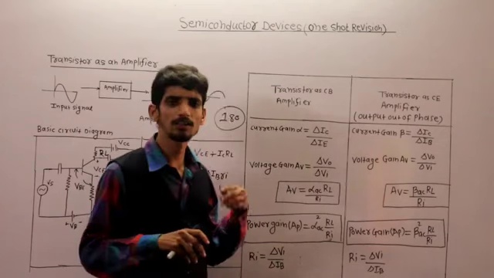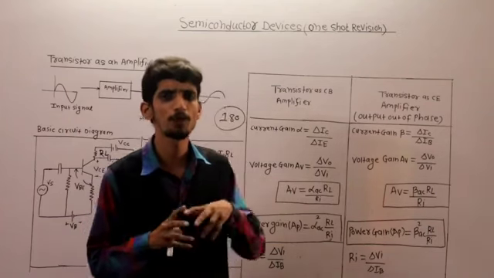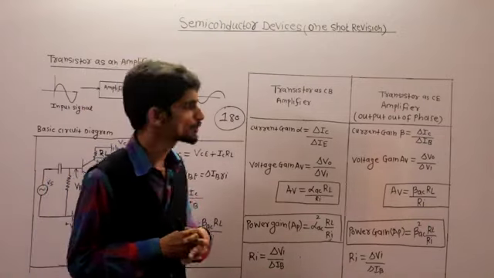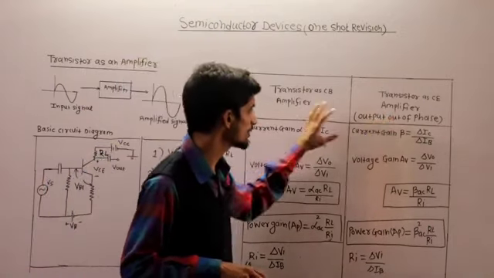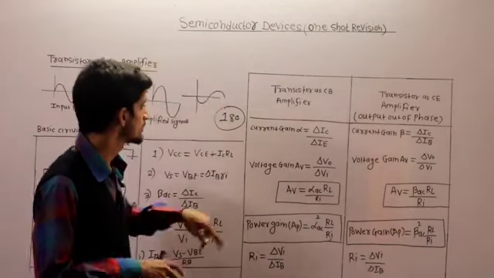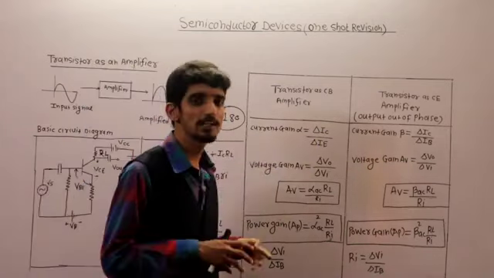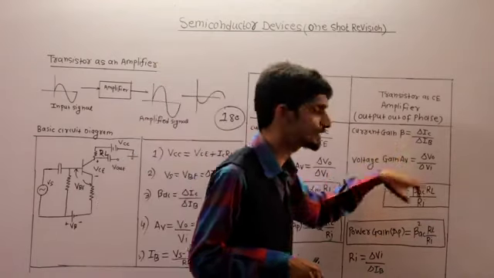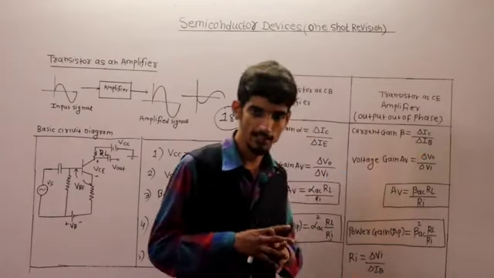Now there is another important configuration of transistor, common base and common emitter. I have prepared a table so that it is easy to understand. The current gain alpha is delta IC by delta IE in common base, and the current gain beta in common emitter is delta IC by delta IB.